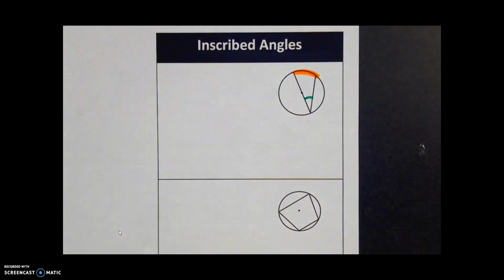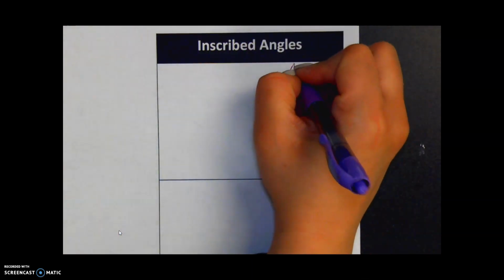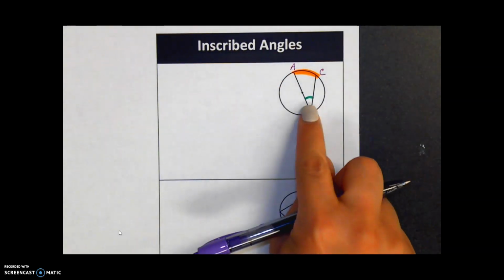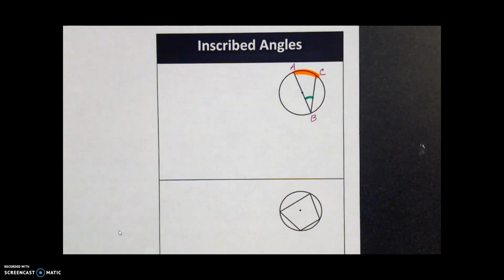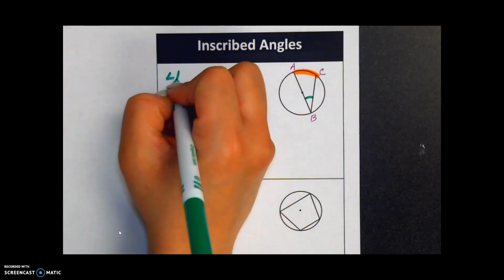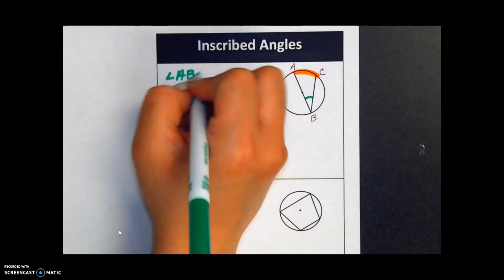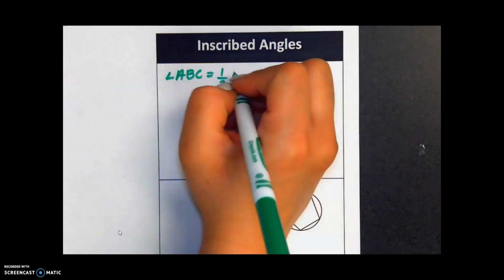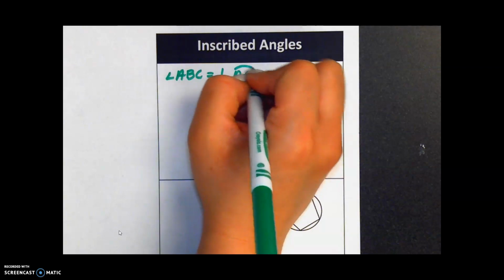So if I have points A, B, and C, then this inscribed angle right here, A, B, C, is half the size of the arc AC.